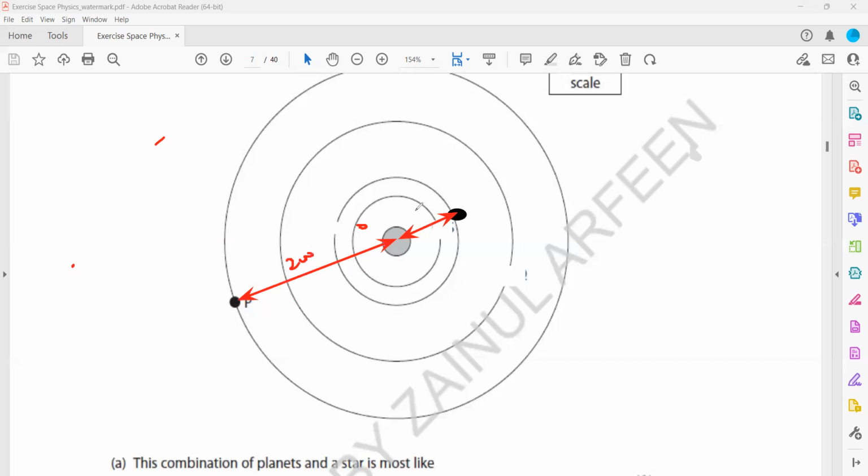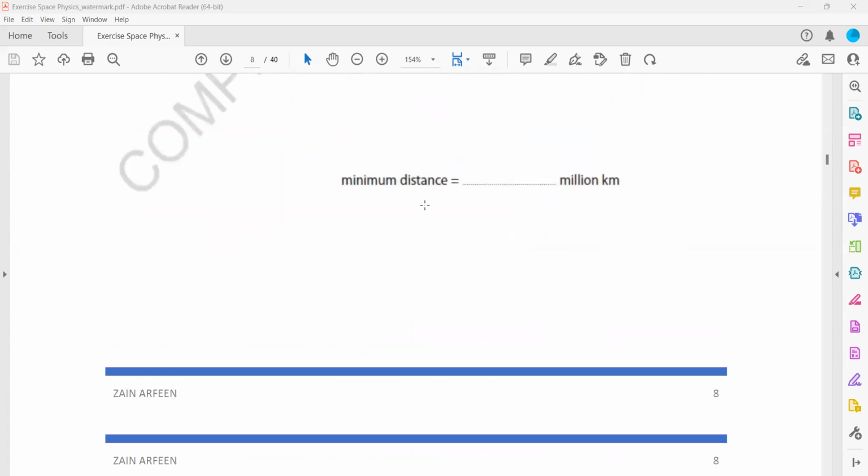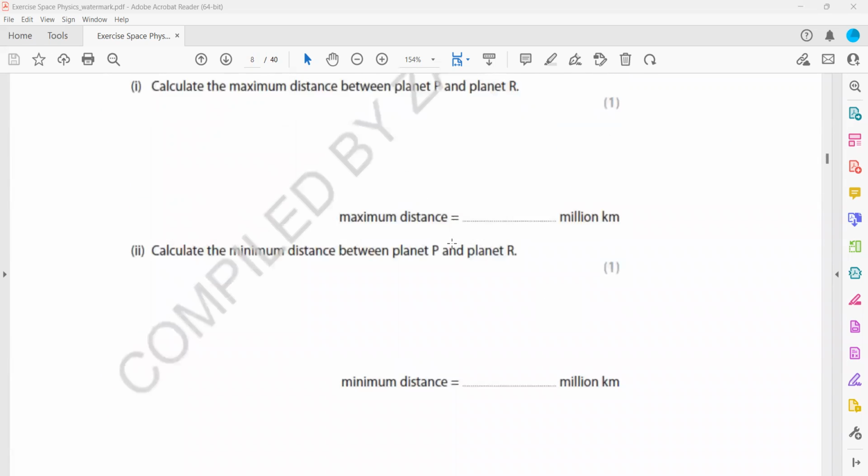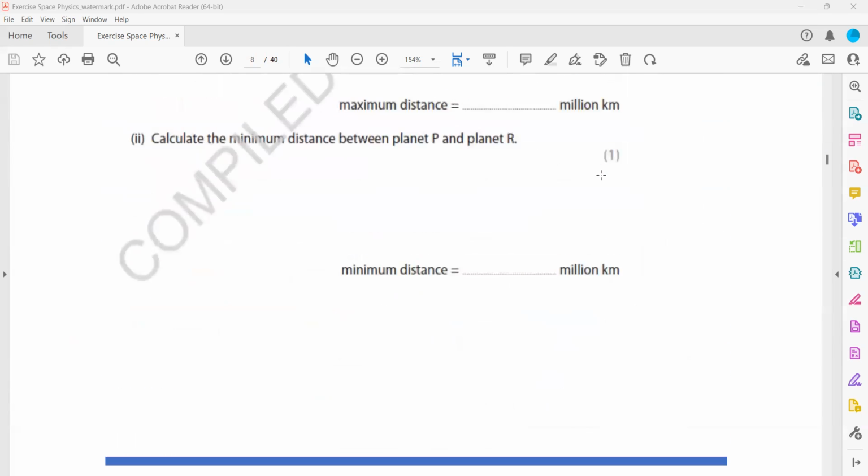So how much is this? 200 plus 50 equals 250 million. So that's how we work out the minimum and the maximum distance between them. Maximum was 250, minimum is 150.